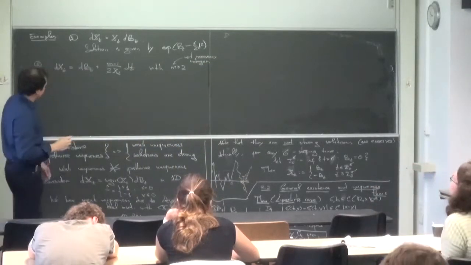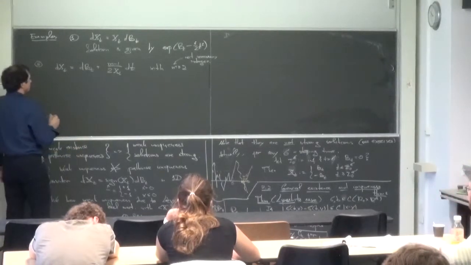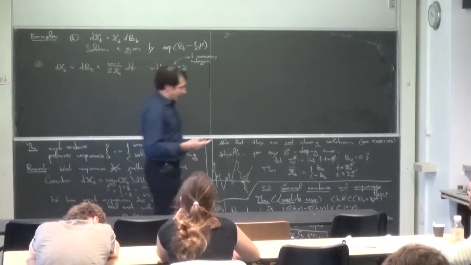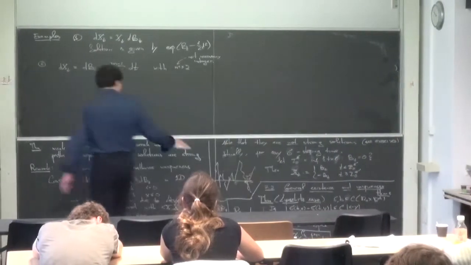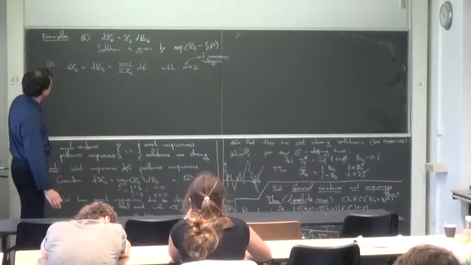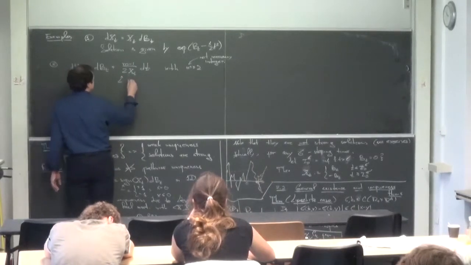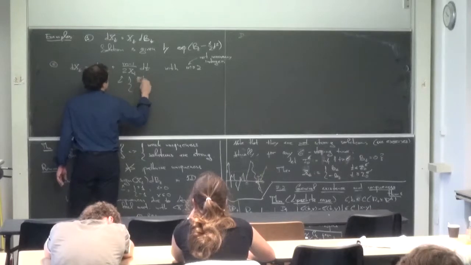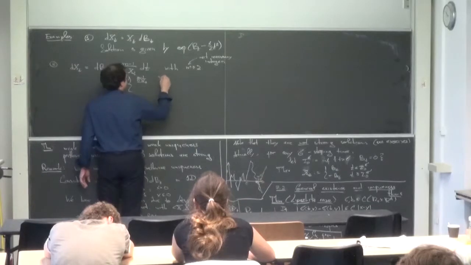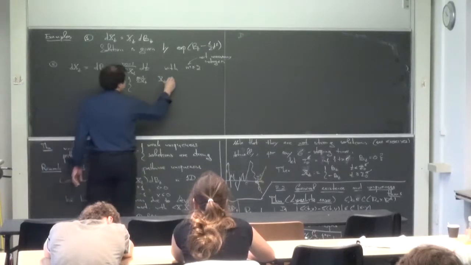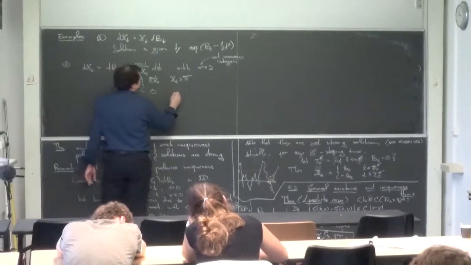Okay, to make it somehow better, let us slightly modify this equation to fit the conditions of the theorem. So let me replace this function by just this, provided x_t is at least delta, and 0 otherwise.